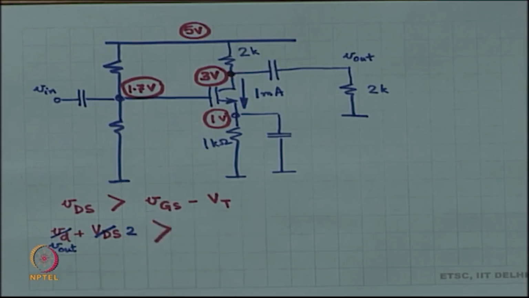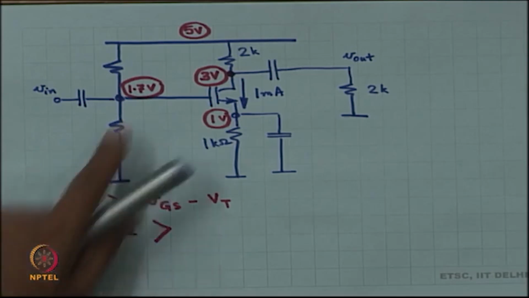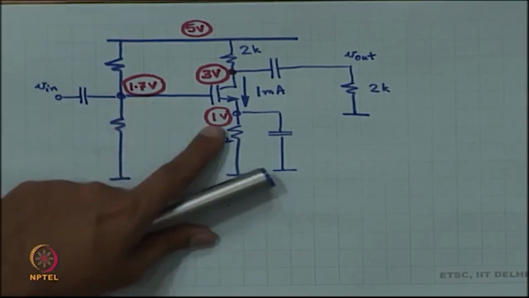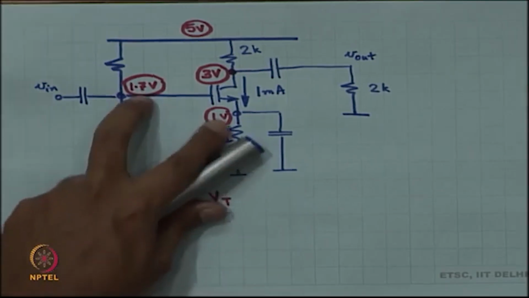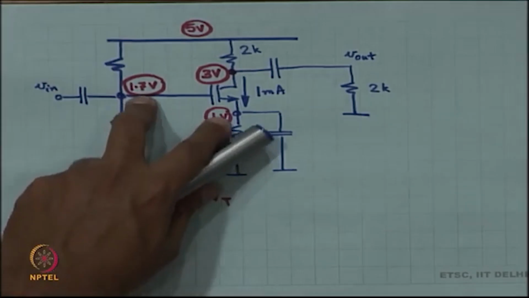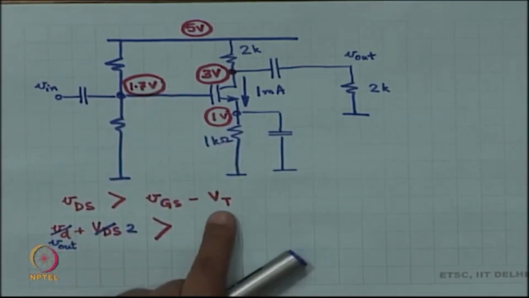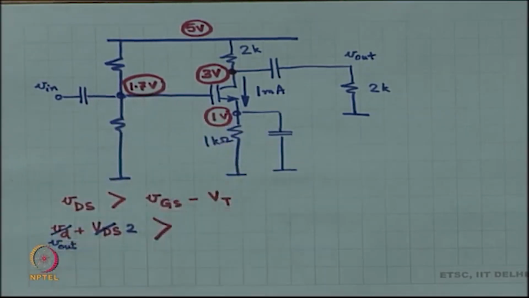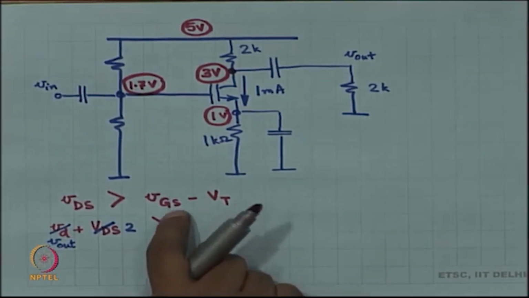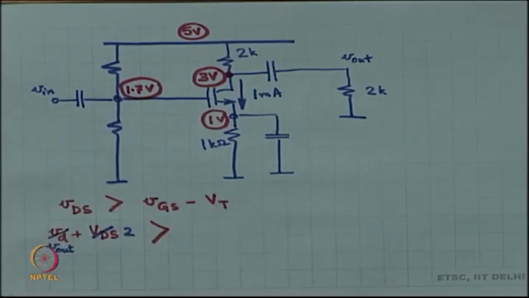VGS is 1.7 plus the input and VT is 0.5. I am sorry, gate voltage is 1.7, source voltage is 1 volt. So, VGS is 0.7 volts, VT is 0.5. So, VGS minus VT DC operating point is 0.2 and then the extra VGS on top of it is V in.